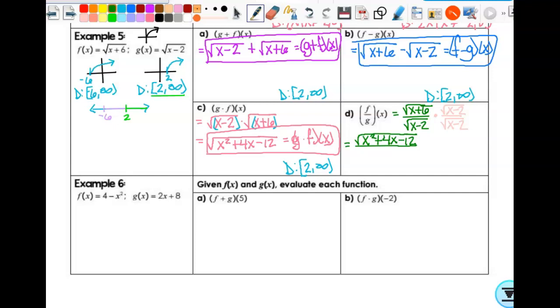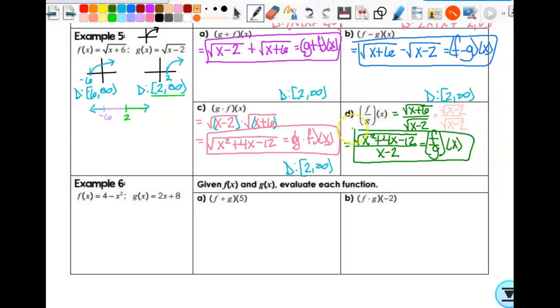You see the second row of my monkeys? The square root of a monkey times the square root of a monkey is a monkey. It does not matter what's underneath it. If you multiply two identical square roots, you get whatever's underneath it. So this is just x minus 2. And that is f over g of x. Under the square root, yeah.